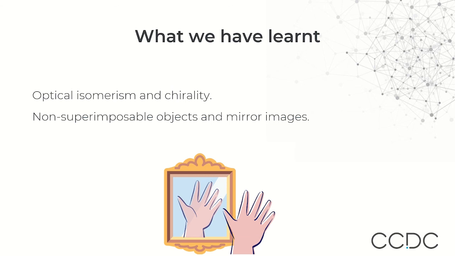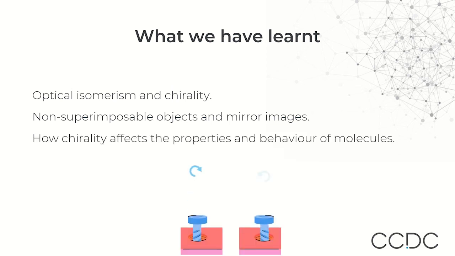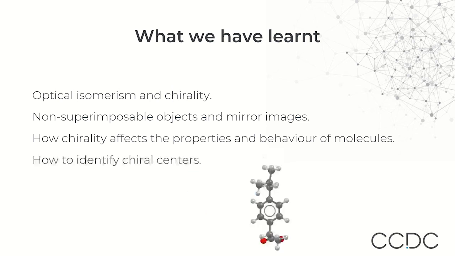If such objects can't be superimposed, it means they are far from being identical. They're mirror images of each other. We then saw how chirality can have a major impact on the behavior of molecules such as carvone or thalidomide. And finally, we challenged ourselves with identifying chiral centers in various molecules.